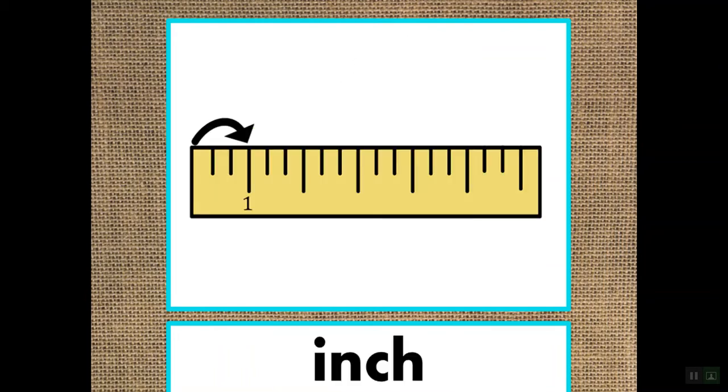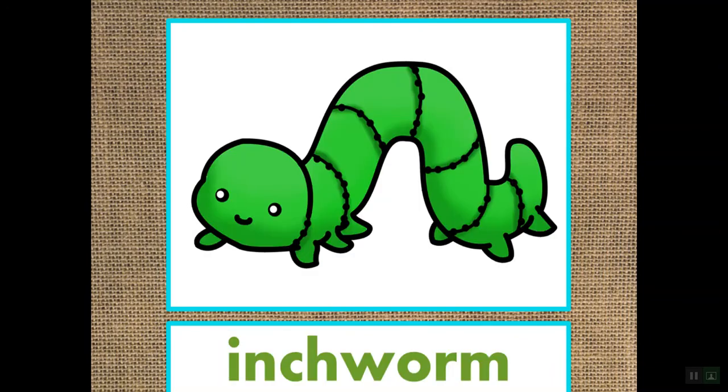Here's another one. Say inch. Good. The word inch has that short sound I right at the beginning. Awesome. Next, we can take that word inch and make a compound word with it. Say inchworm.